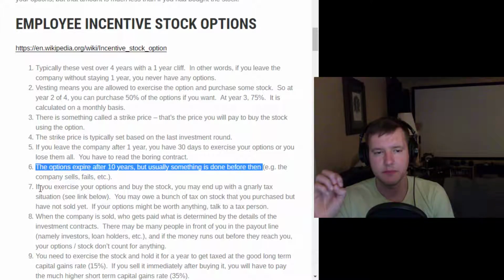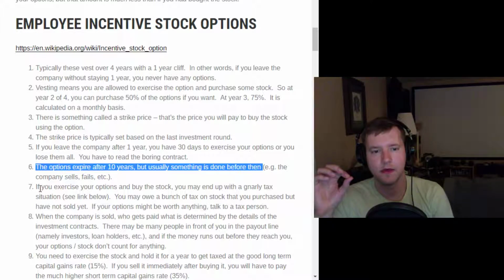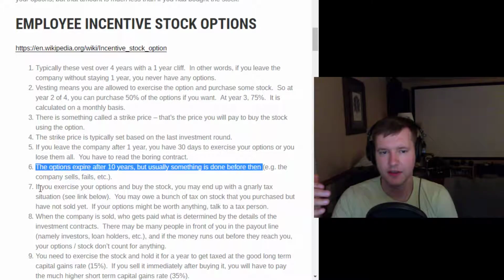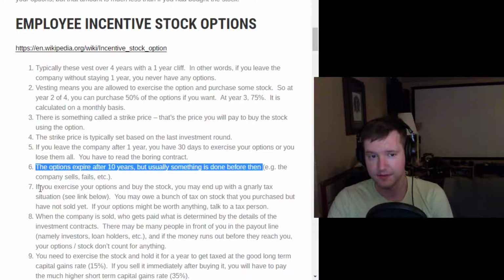This is especially problematic because those options are so risky, and so you could exercise the options, have to pay a bunch of tax on it, and then later the company actually just goes bust, and so now you paid tax on something and you never got a payout that would have covered that tax bill. And so there is risk associated with exercising the options for this tax reason.